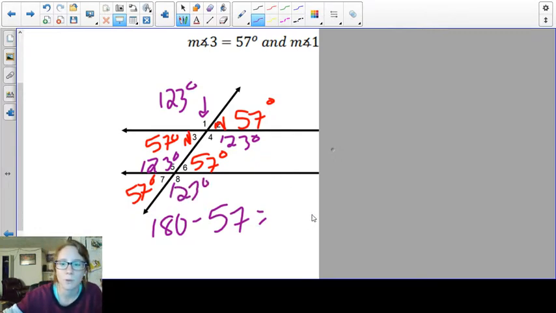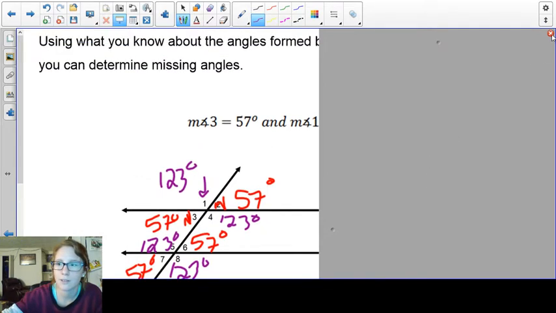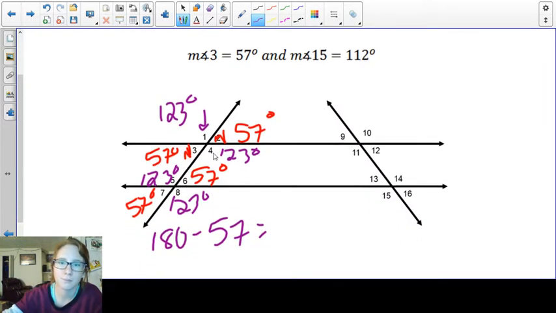So let's go ahead and now find this other half. Angle 15 is 112. What else has to be 112? We'll take a look. If 15 is roughly in the same spot as 7, it'll be in the same spot as all my red ones. And this time we're going to use blue.